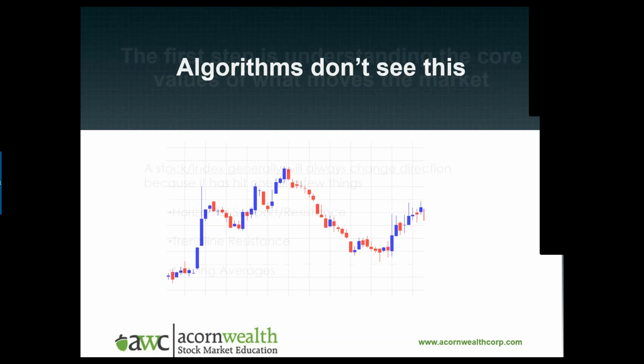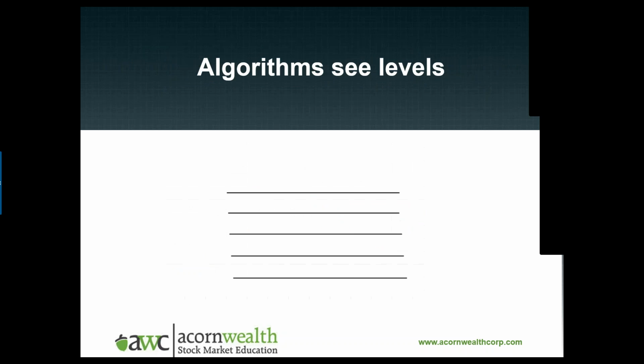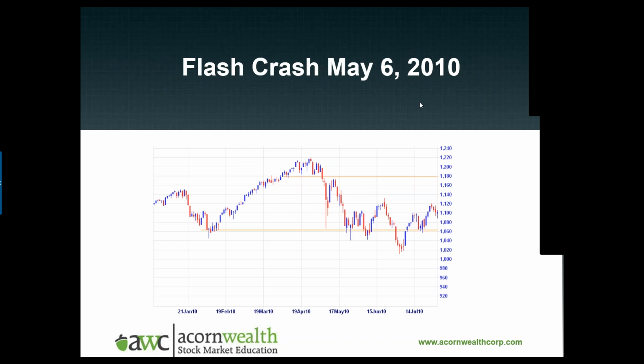So in other words, I believe that the algorithms don't see what we look at. They see this. They see levels. If you look at the flash crash, May 6, 2010, we came down to a core level, and that's exactly where we bounced back from in May 2010.